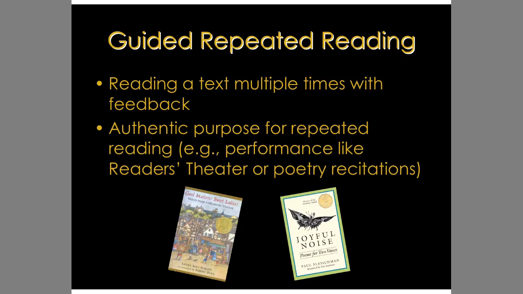So it's a great collection of poems that can certainly be used for students to practice their fluency. And when they're reading things like poetry and they have a real purpose for doing so, like a public performance or a performance in front of the class, then it's much more motivating than simply assigning a passage for them to reread over and over again.